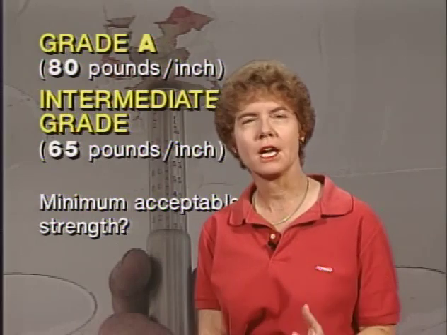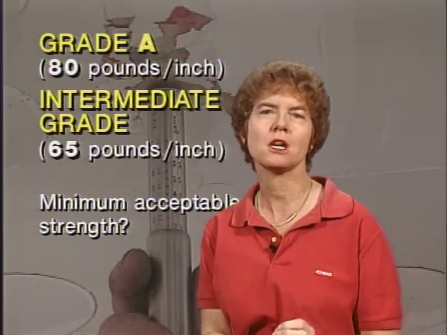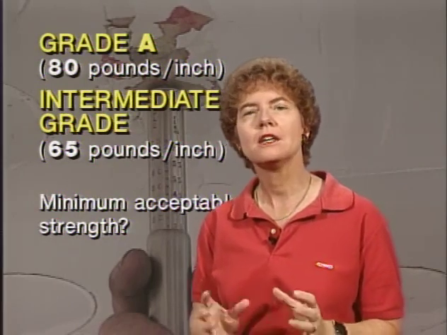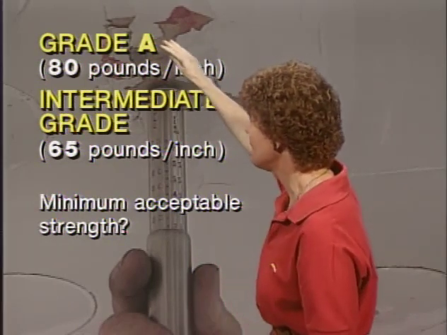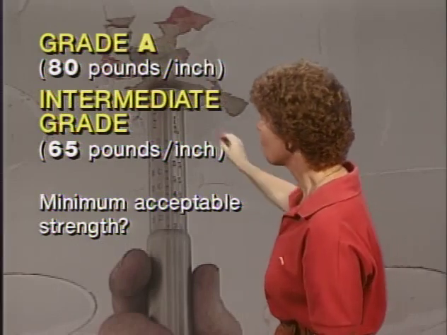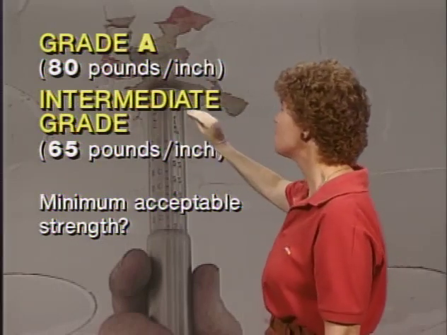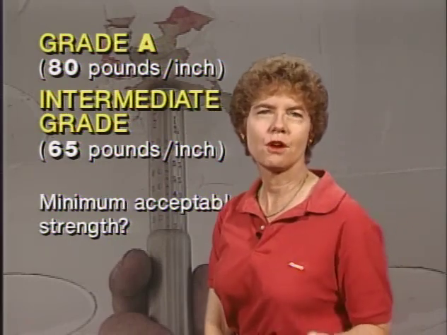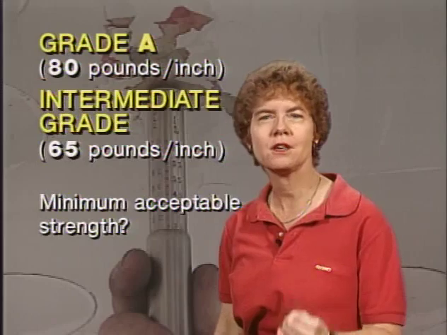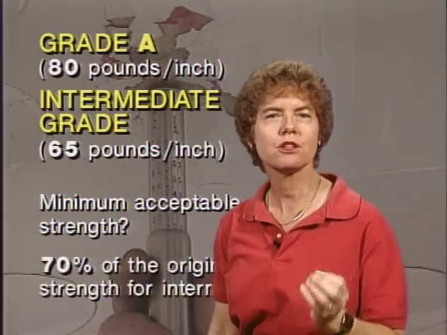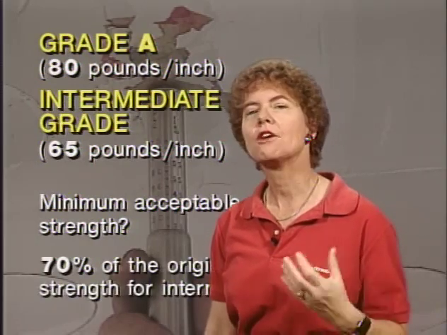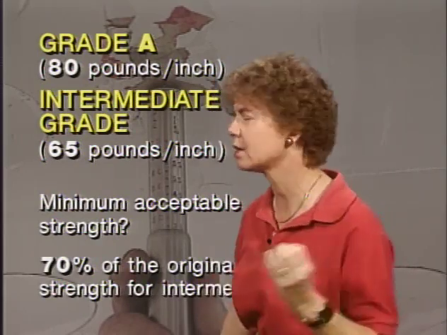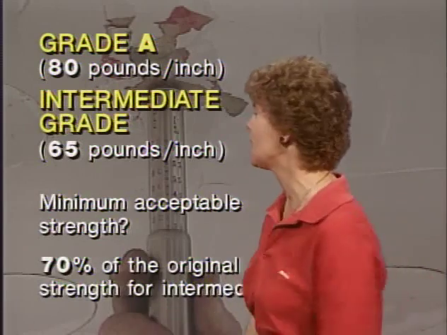What they're basically asking you is, what percent of the original strength do you have to have, and does it have to be of the grade A fabric you covered it in, or of the intermediate grade fabric, which is all that that particular aircraft requires? Well, first of all, what you're looking for is 70% of the original strength of the fabric, and it only has to be 70% of the strength of the fabric required on the aircraft, not of what you actually used.